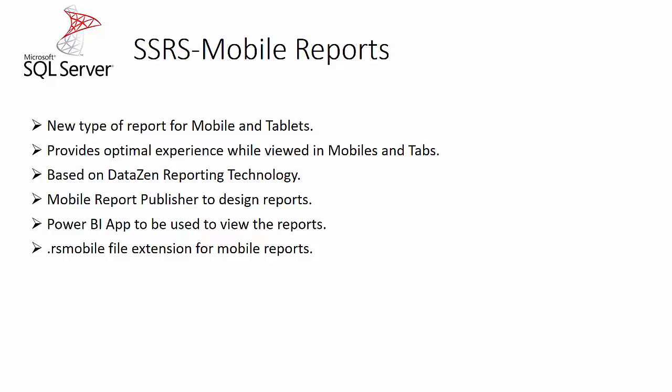Similar to our RDL files for our standard reporting, which is now being called paginated reports, mobile reports will be saved with the RSMobile extension. Now let us take a look into a quick demo on how to create a mobile report, deploy it and use it.